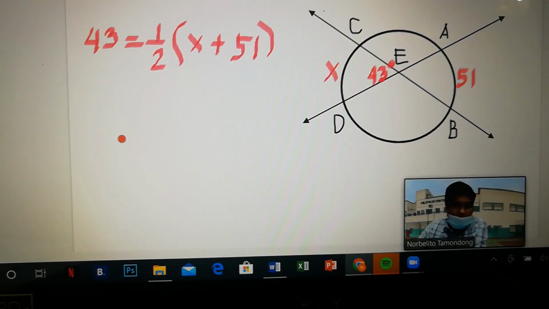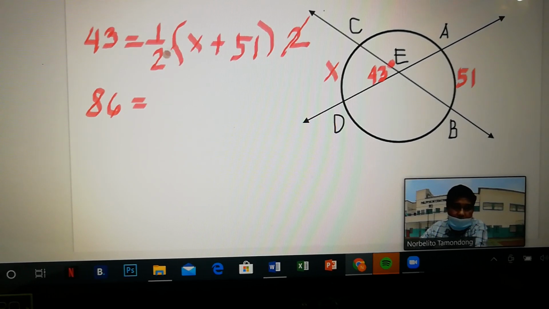Now, to eliminate the fraction, you can multiply both sides of the equation by the LCD, which is 2. So 43 times 2 is equal to 86. Is equal to, if you multiply this by 2, you just simply cancel 2, so what's the result? x plus 51.